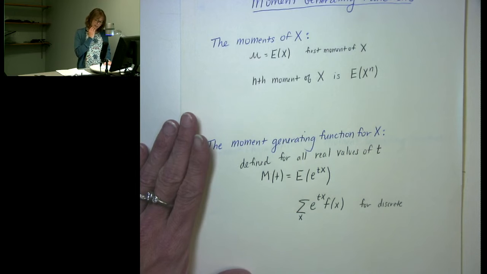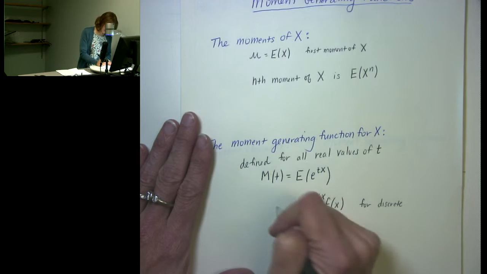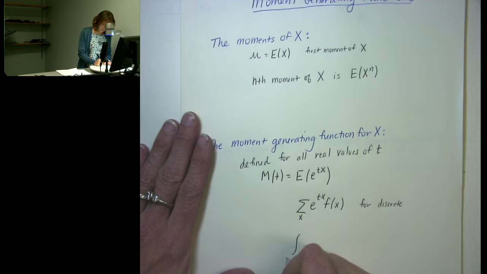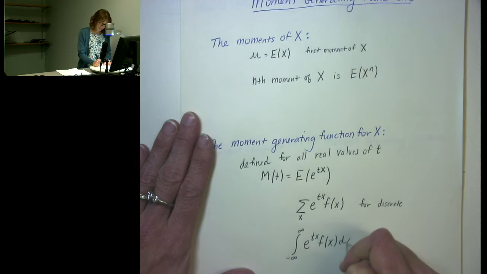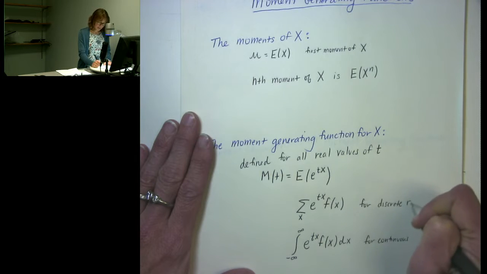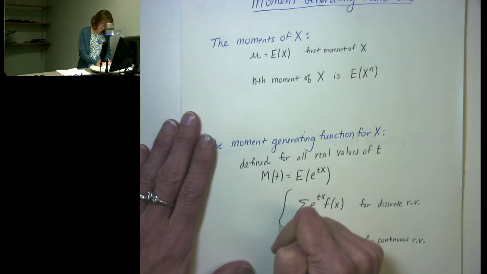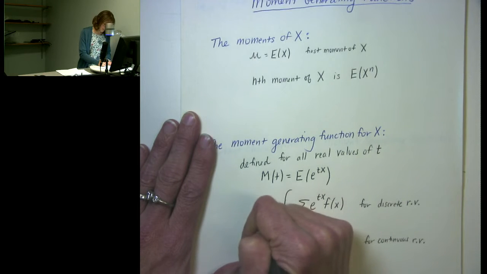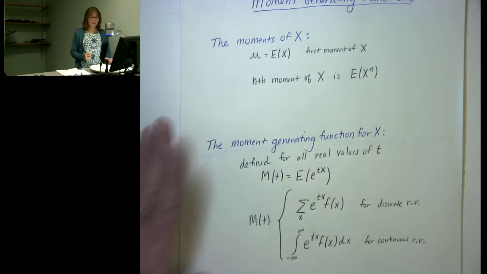If we're working with a continuous random variable, we would integrate over all possible values e to the tx times f of x dx, and that again would be for continuous random variables. These are the ways that we would define the moment generating function m of t.